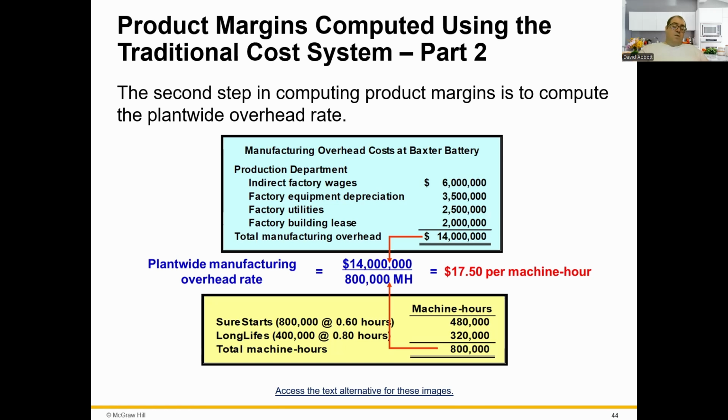Notice that the numerator is the $14 million of manufacturing overhead shown earlier on the company's income statement. The denominator is the 800,000 machine hours used for the order size activity from the ABC system. The plant-wide overhead rate is $17.50 per machine hour.